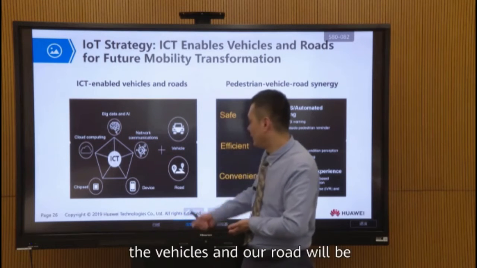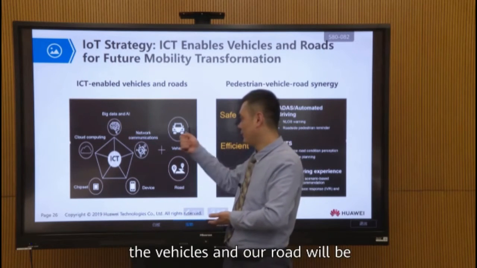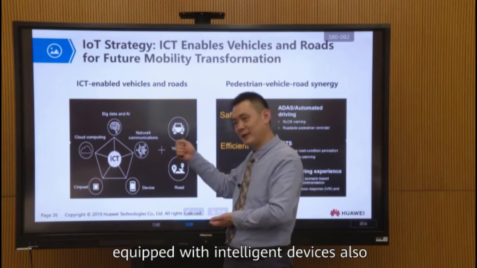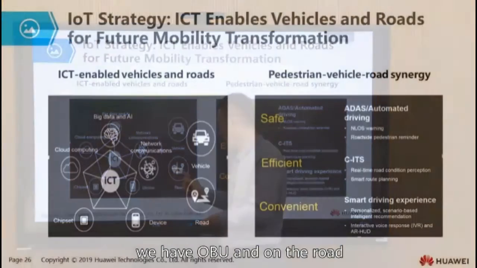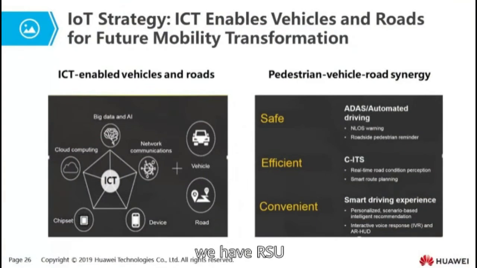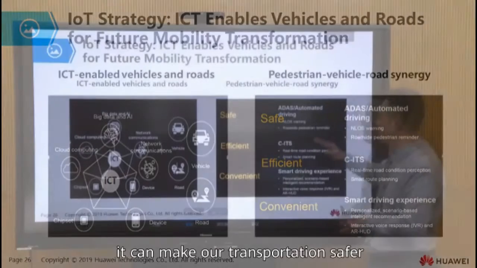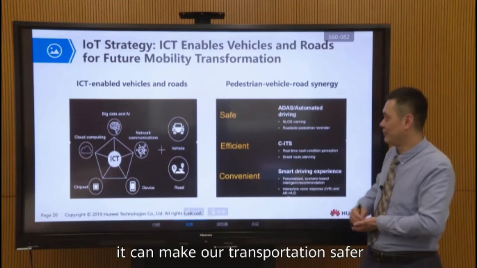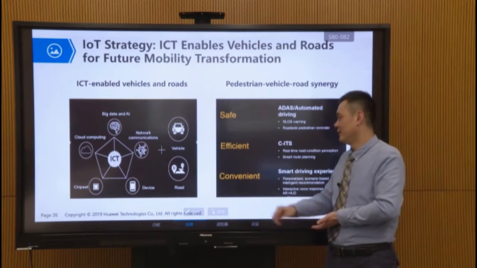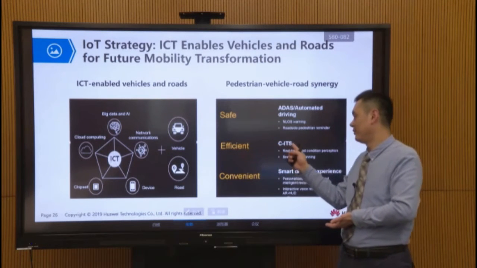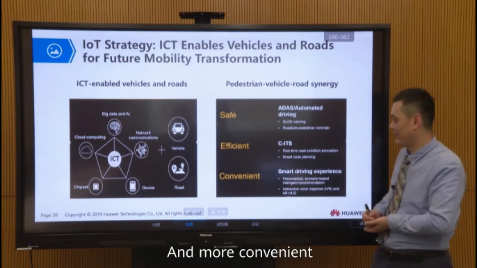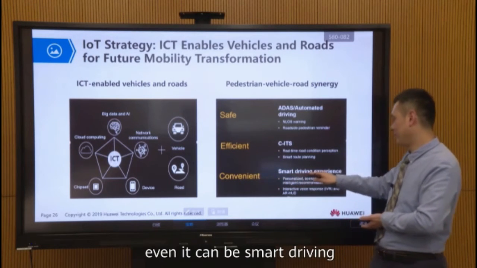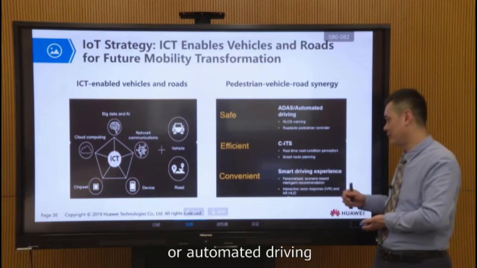And of course, the vehicles and our road will be equipped with intelligent devices also. In the vehicle, we have OBU, and on the road, we have RSU. With these devices and a network, it can make our transportation more safe, more efficient with this intelligent transportation system, and more convenient, even can be smart driving or automated driving.